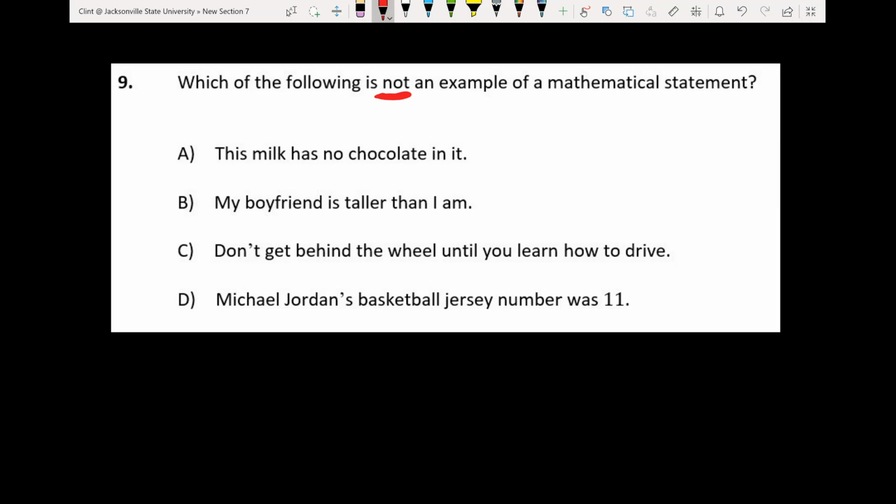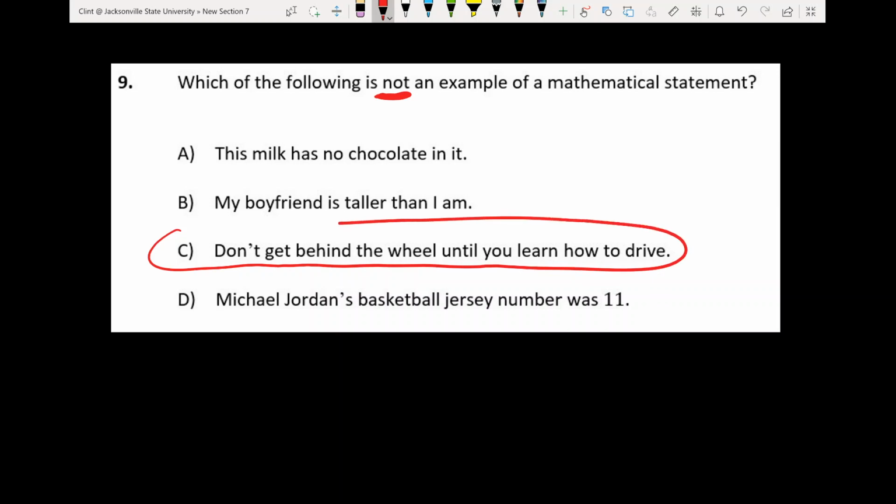That's kind of a command, right? That's telling us not to do something. Does it have a truth value? Let's check D. It says Michael Jordan's basketball jersey number was 11. That is either true or false. In this case, it's false if you know Michael Jordan's basketball jersey number. So the only one that is not necessarily true or false, the one that is not a mathematical statement, is C.